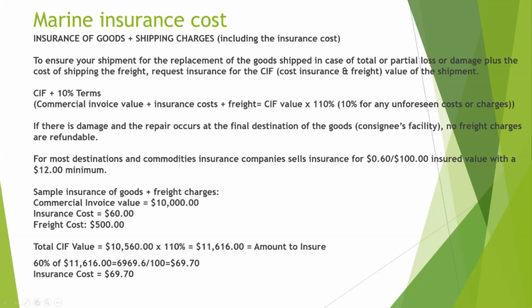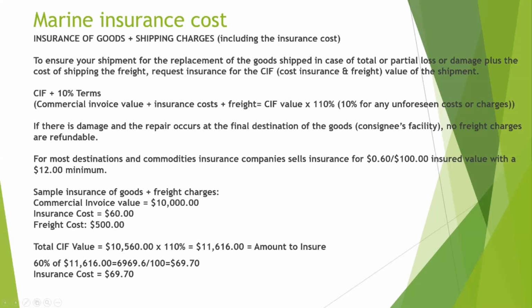Simply we sum 10,000, 60, and 500, which is 10,560. Then we times it by 110%, as the condition tells us 10% for unforeseen cost. So the total would be 11,616. This would be the amount for the insurance.